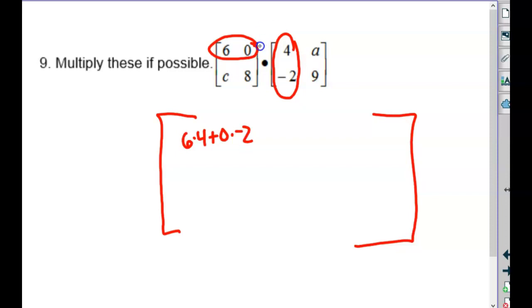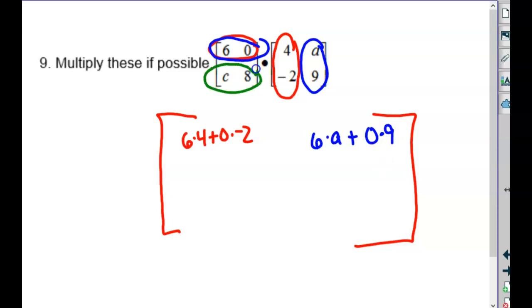Okay, I'll switch to blue, do the same row times the second column. What will I get over here? 6 times A plus 0 times 9. Okay, bottom row, green, times back to this column, sorry. So C times 4, can I write 4 times C?